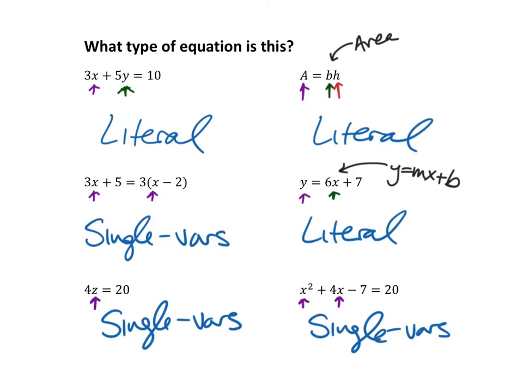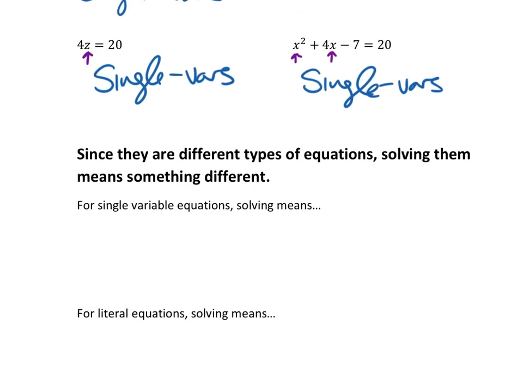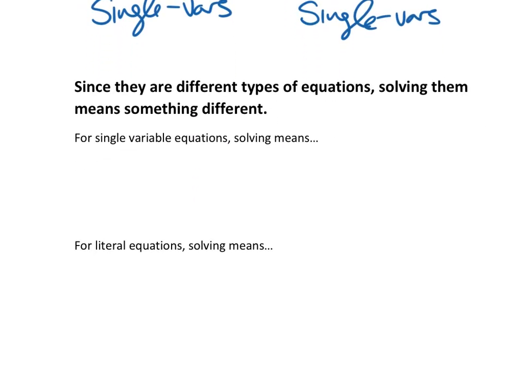So there are two types of equations we'll be dealing with here now, literal and single variable. It is important to know the difference between them because since they are different types of equation, solving them means something different for each kind. To solve single variable equations, solving means that we're going to find solutions. We're going to find some number.